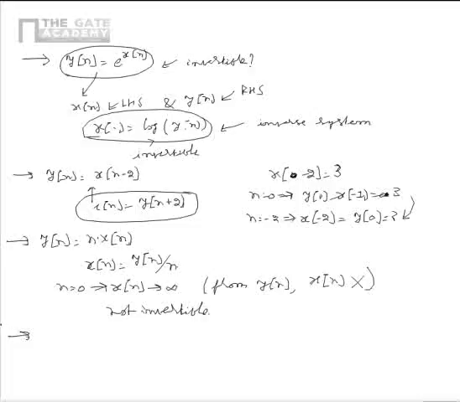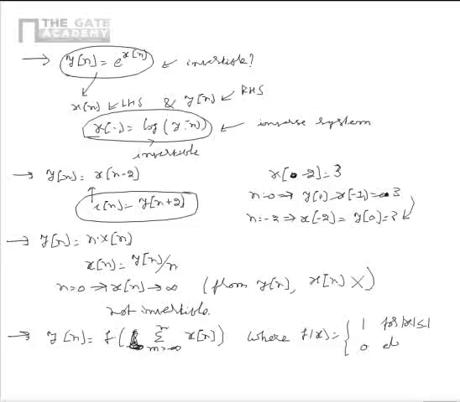Now, let us consider another system. y of n is equal to f of the sum, sigma m equal to minus infinity to n of x of m, where f of x equal to 1 for mod x less than or equal to 1, otherwise it is 0.